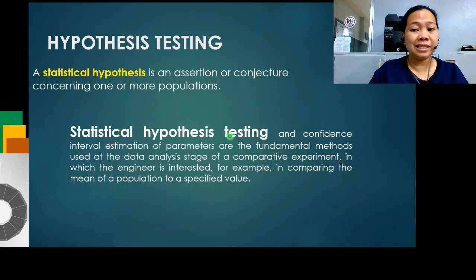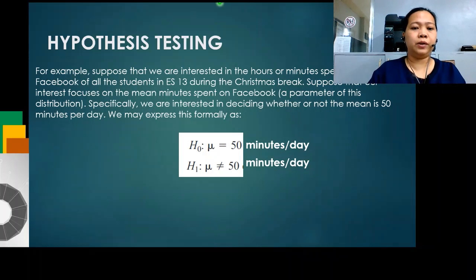Statistical hypothesis testing and confidence interval estimation of parameters are the fundamental methods used at the data analysis stage of a comparative experiment, in which the engineer is interested, for example, in comparing the mean of a population to a specified value. Another example: suppose that we are interested in the hours or minutes spent on Facebook by all the students in ES13 during the Christmas break.